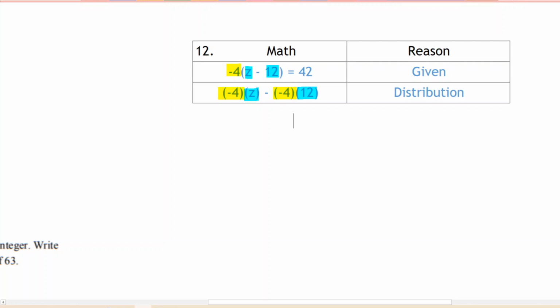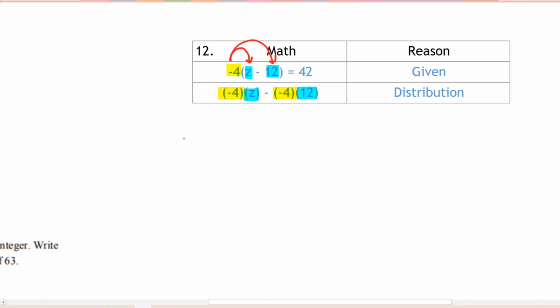That's the way that distribution works. Oftentimes you'll see people when they distribute, you'll see them draw arrows like this. You'll see me do this too. And that just means I'm going to take that -4 and multiply it by z. I'm going to take that -4, I'm also going to multiply that by 12. And then I'm just going to put it together.